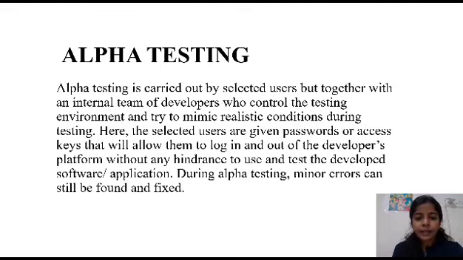Here, the selected users are given passwords or access keys that allow them to log in and log out of the platform without any hitches or errors. During alpha testing of the software application, minor errors can still be found and fixed.